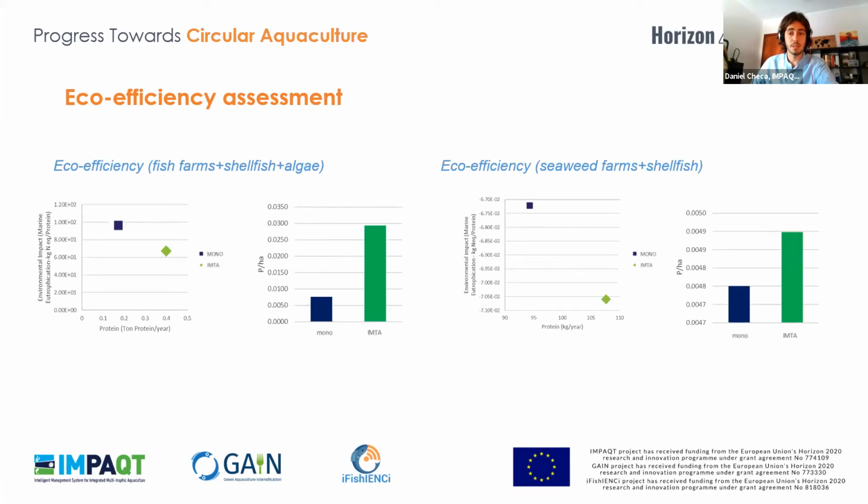And specifically, all sites are providing more seafood protein to markets while reducing their pressure on the marine ecosystem. That means that we have more protein produced while we reduce the nutrient impact of the system.